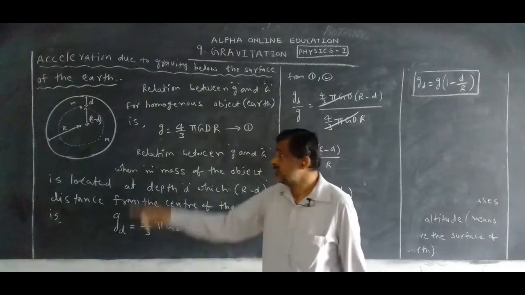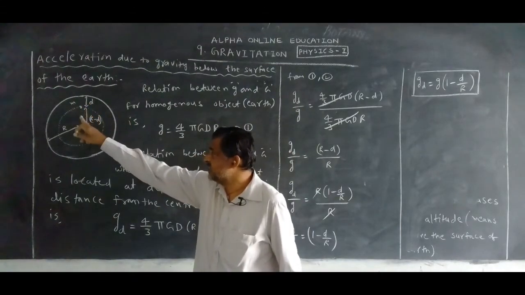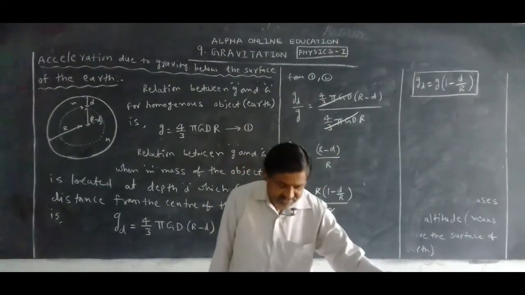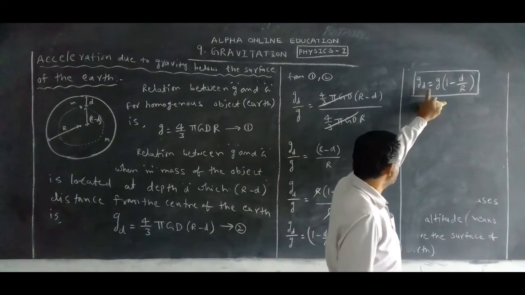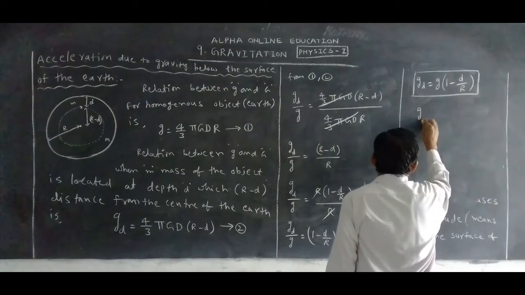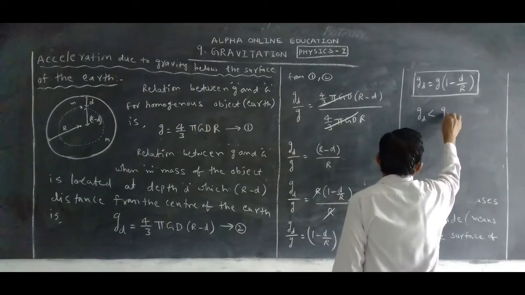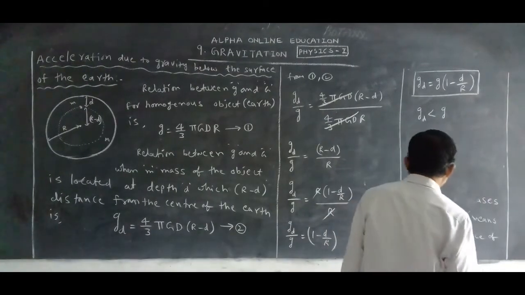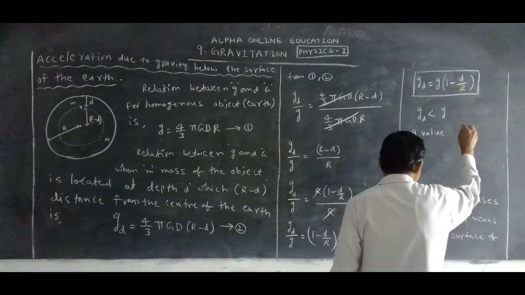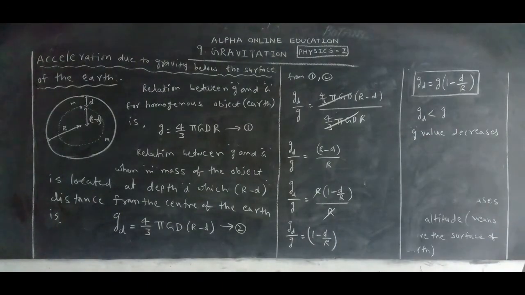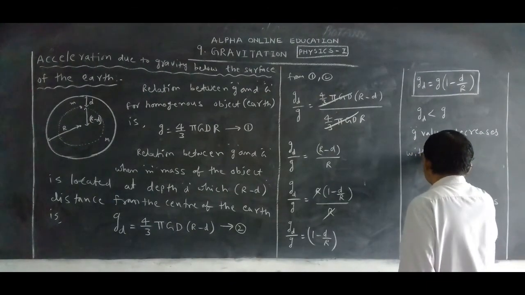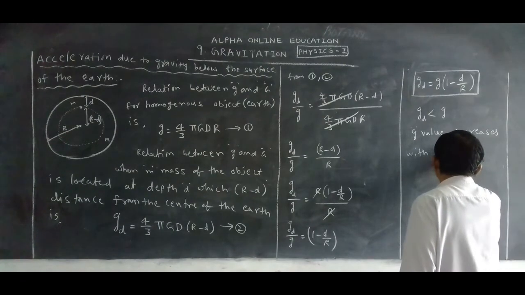Means when we go inside the earth, what happened to acceleration due to gravity? It decreases. Why? Here g_d is g into 1 minus something. That's why g_d is less than g. Means g value decreases with depth.